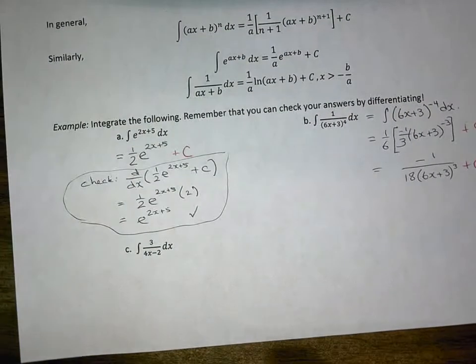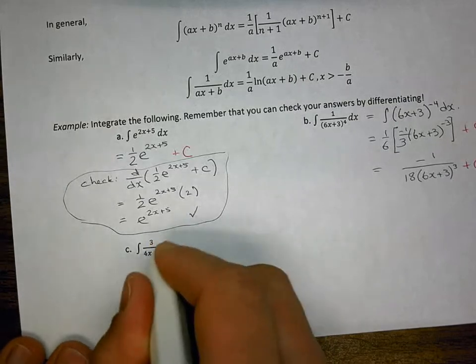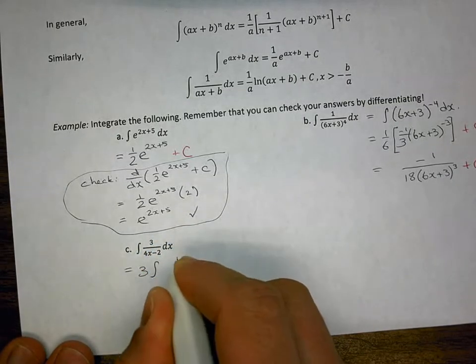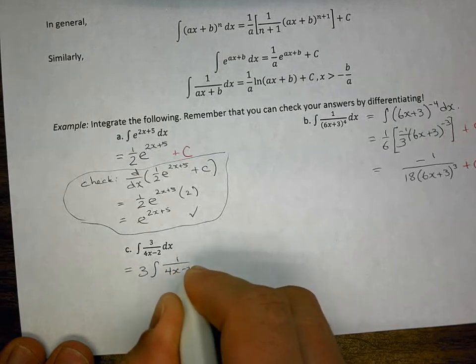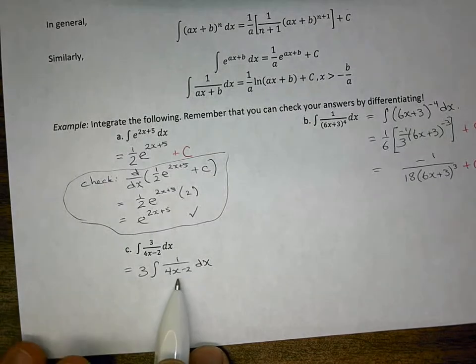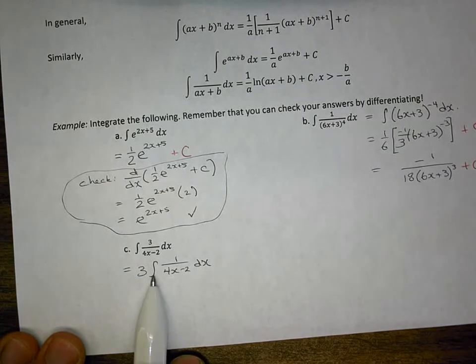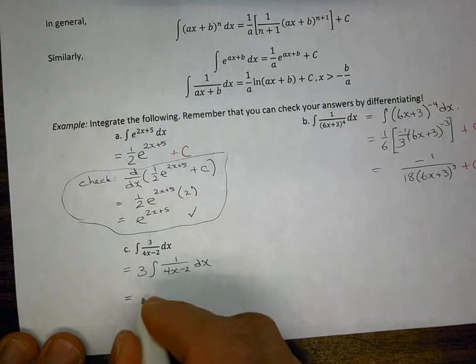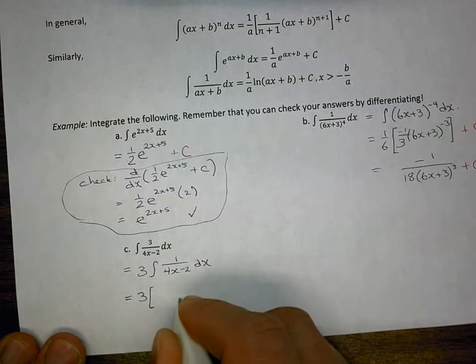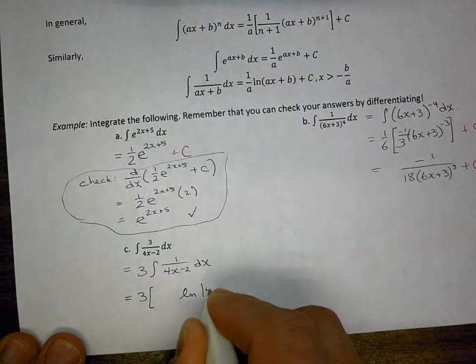Finally, we get this question. This coefficient in front, let's get rid of it. So I have 3 integral of 1 over 4x minus 2. Now, I think this is the toughest application of this concept. What's the integral of 1 over something? Well, I'm going to leave the 3 out, it's ln of that something.